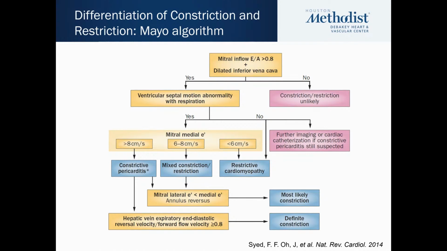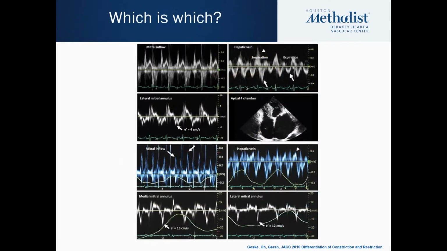So a significant respiratory effort can create these kinds of changes. However, what we look for in this kind of scenario is examining SVC flow. And I won't delve too much into it in the interest of time, but SVC flow should change in these kinds of patients, whereas in constriction it remains unchanged with respiration.